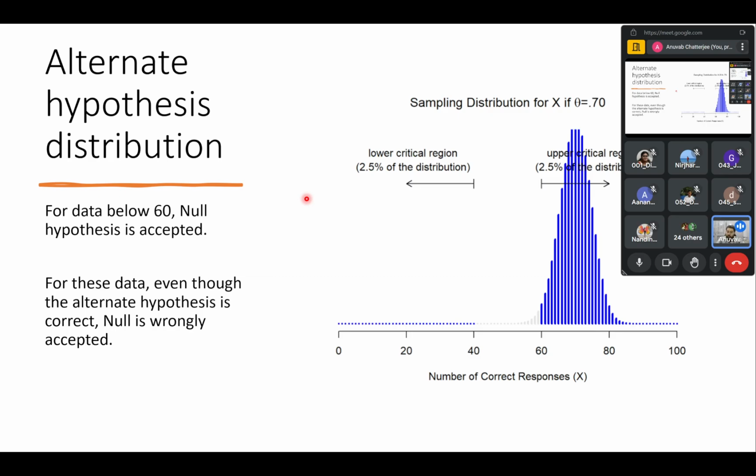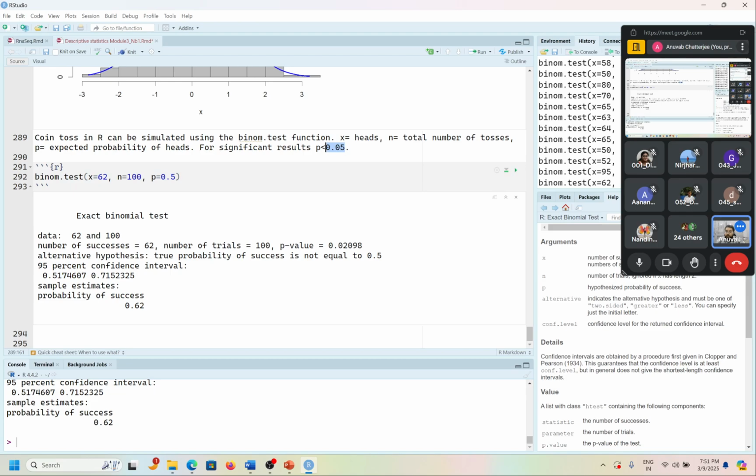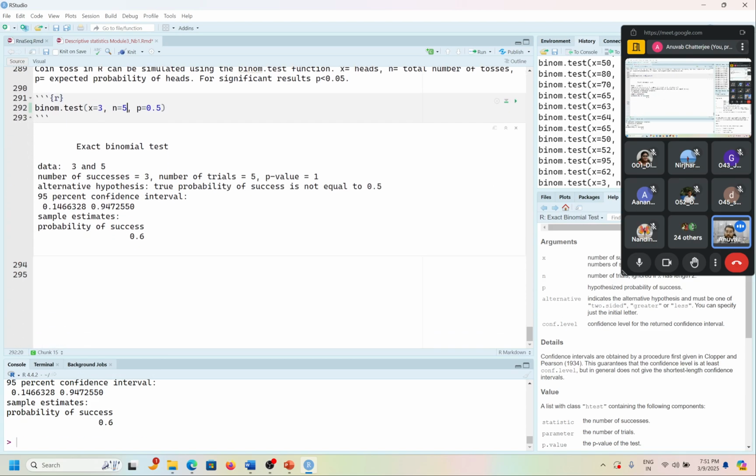So if I show you on RStudio, instead of 62 and 100, if I did 3 and 5, see, the p value is not significant, even though it is still a 0.6 probability of success. If I did this, the probability of success was 0.62, but we had significantly proven that the coin was unfair.